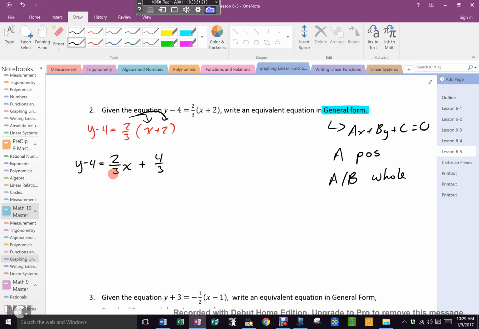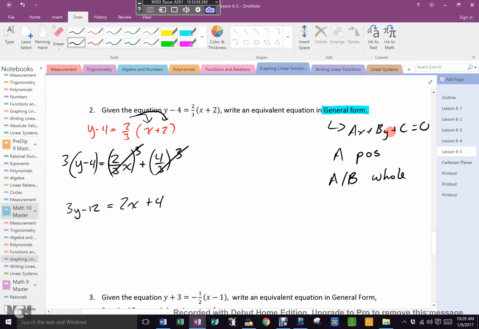Everything, right? So this has to times by 3. This has to times by 3. And this has to times by 3. What do I get on this side? 3y minus 12. What happens to these 3's? Cancel. 2x. What happens to these 3's? Cancel. Plus 4.